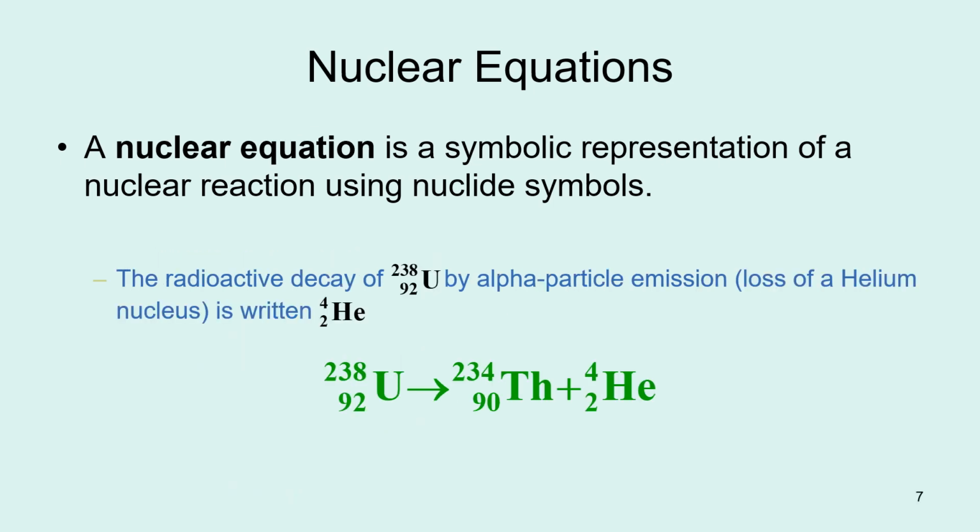Okay, so a nuclear equation is just writing all of the nuclear reaction using these nuclide symbols. This is another example of a nuclear equation. This is the radioactive decay of uranium-238. It happens to be an alpha particle emission, which we just got through saying is a helium nucleus.